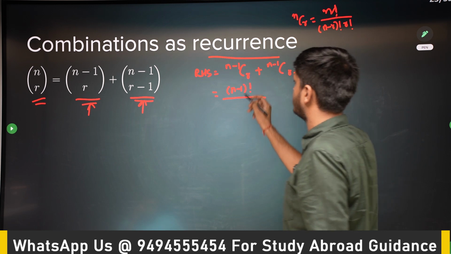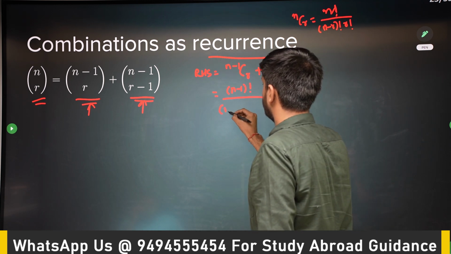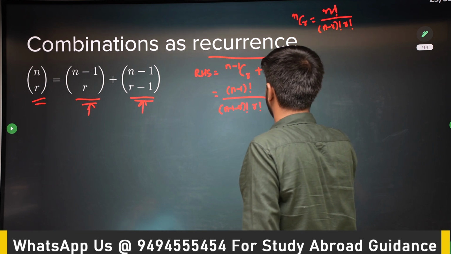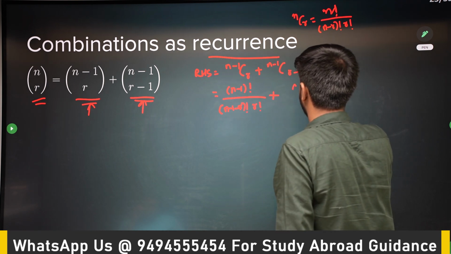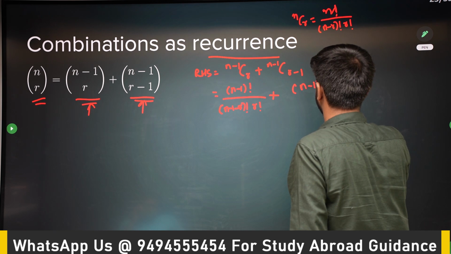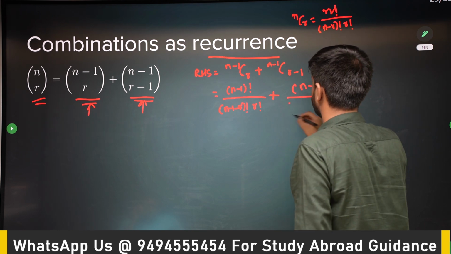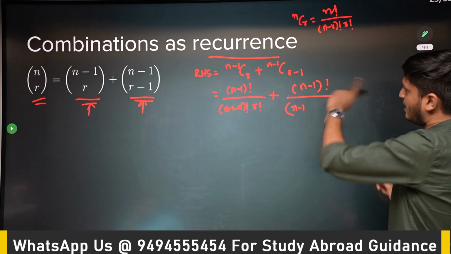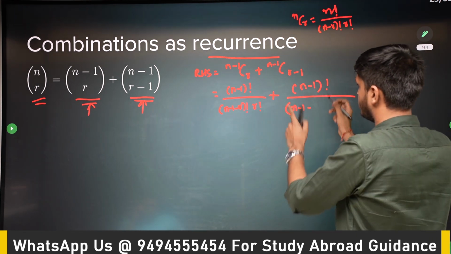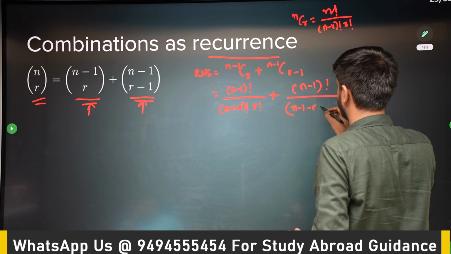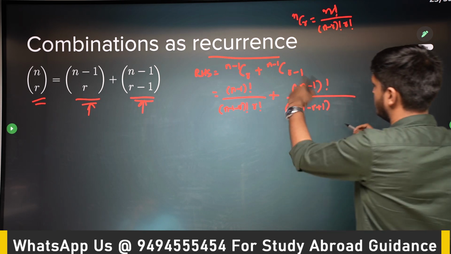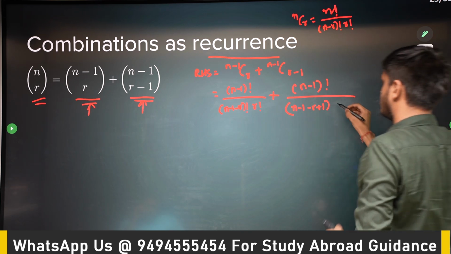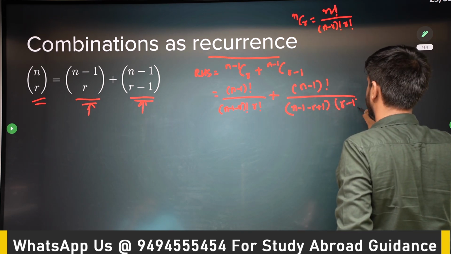So it will be n minus 1 factorial upon r factorial times n minus 1 minus r factorial, plus n minus 1 factorial upon r minus 1 factorial times n minus 1 minus (r minus 1) in brackets factorial. Minus minus will become plus, so it will become n minus 1 minus r plus 1, times r minus 1 factorial.